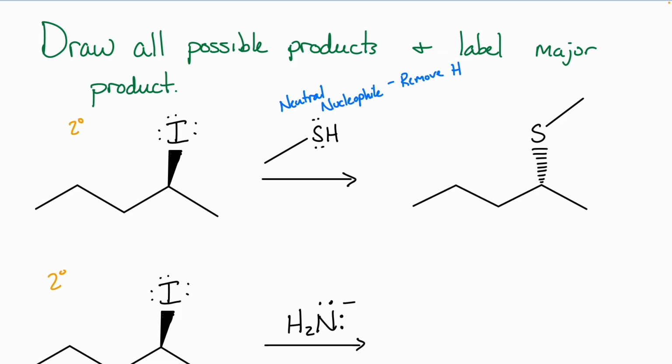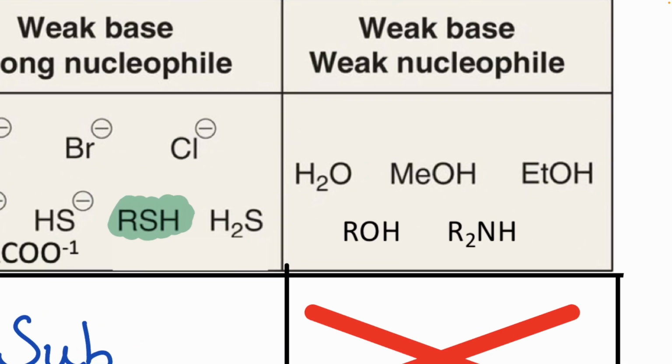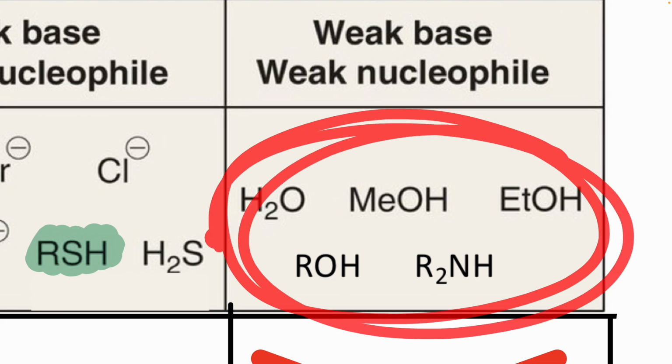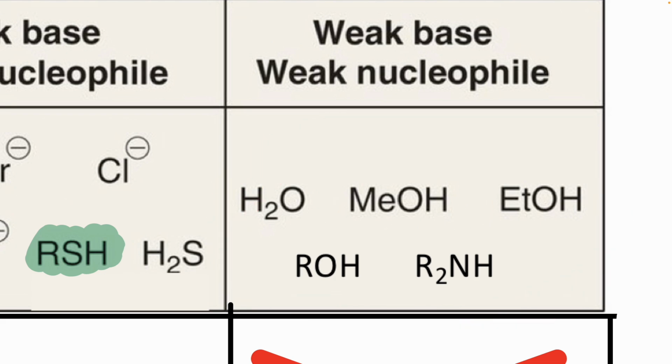So even though I start out with SH, when it gets attached, it's only going to attach as that sulfur. All of our neutral nucleophiles, note, that's the case for that sulfur, for that thiol, as well as all of our weak nucleophiles over here. These are all neutral as well, which means that if we're going to attach them in a substitution reaction, we need to remove a hydrogen.